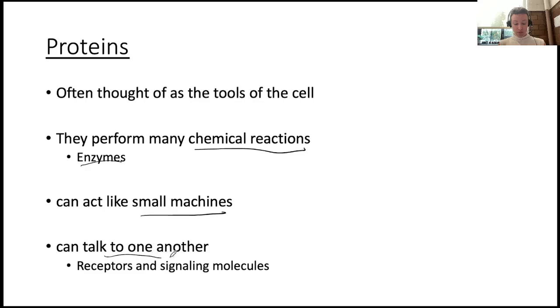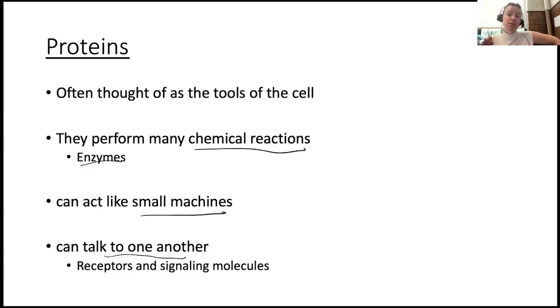Proteins can also talk to each other, so proteins can come together and kind of pass a message along within the cell, and we call those receptors and signaling molecules. We will talk a lot about receptors and signaling molecules when we start to learn how drugs work in this class.